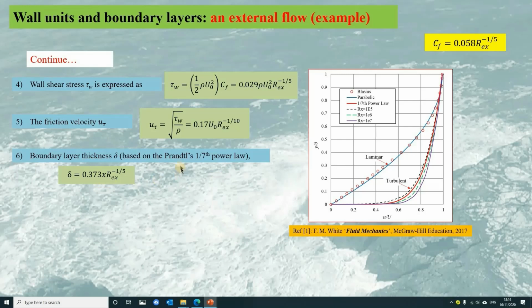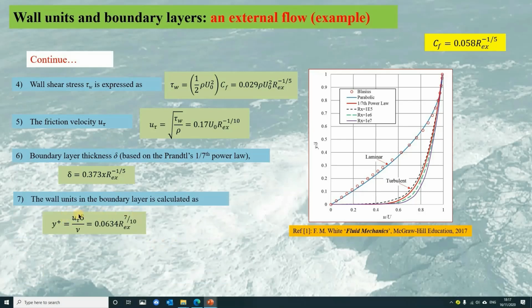And based on the Prandtl's 1/7 power law, we can obtain the boundary layer thickness delta given by this. So we can see here the boundary layer thickness is proportional to x and depending on the Reynolds number.